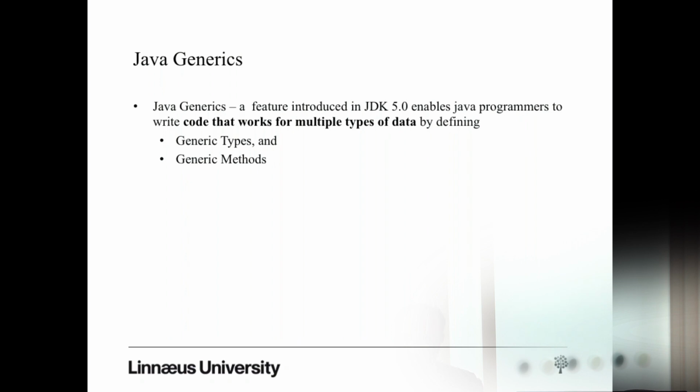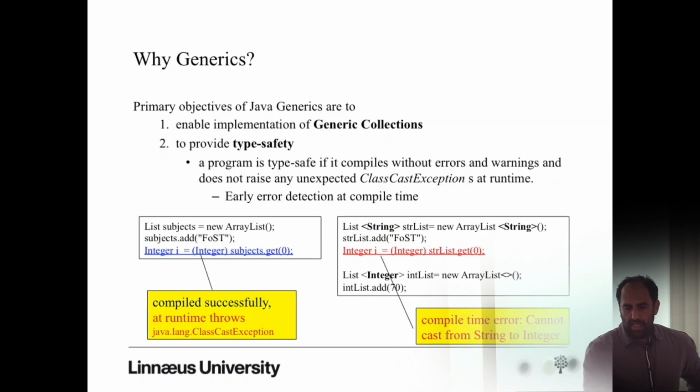If you need only a few operations that should work with different data types, then you can use generic methods. So instead of making the whole class a generic, you can make just one method, or maybe more than one method, generic.